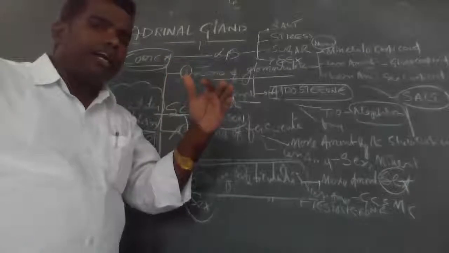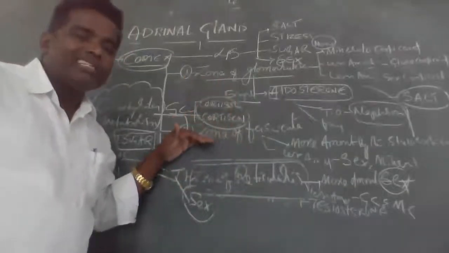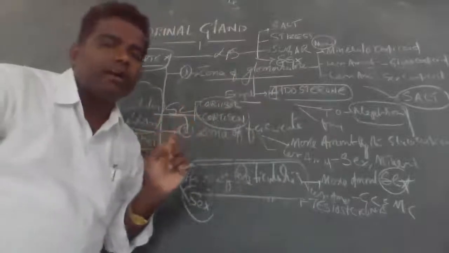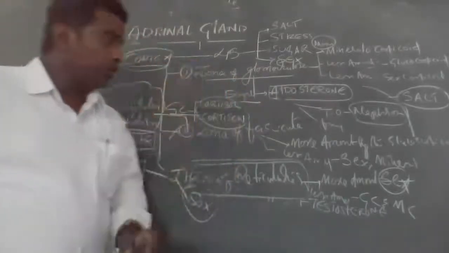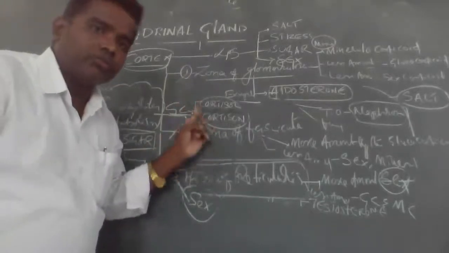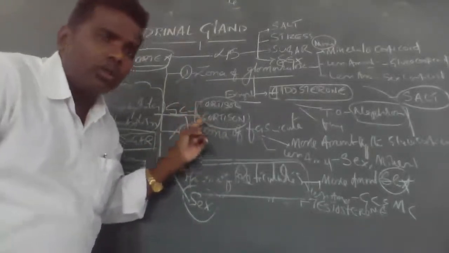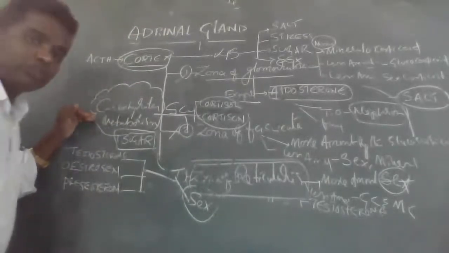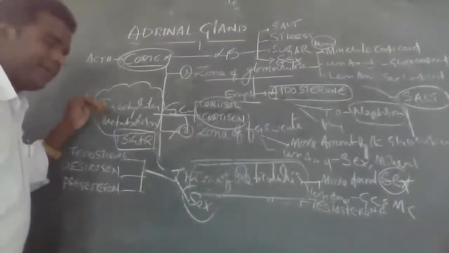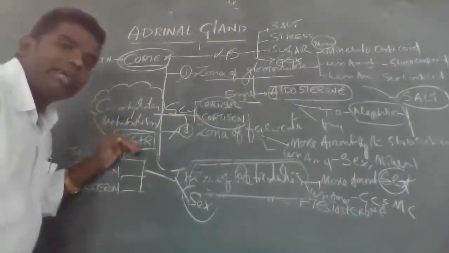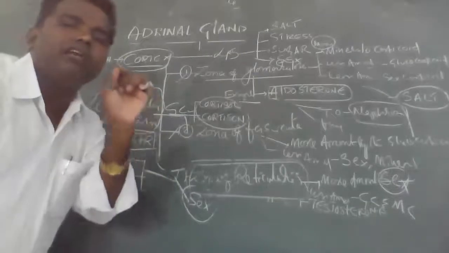Next, the zona fasciculata, the second zone of the cortex region of the adrenal gland. It secretes more glucocorticoid and less sex corticoid and mineralocorticoid, so this zone is called the glucocorticoid zone.